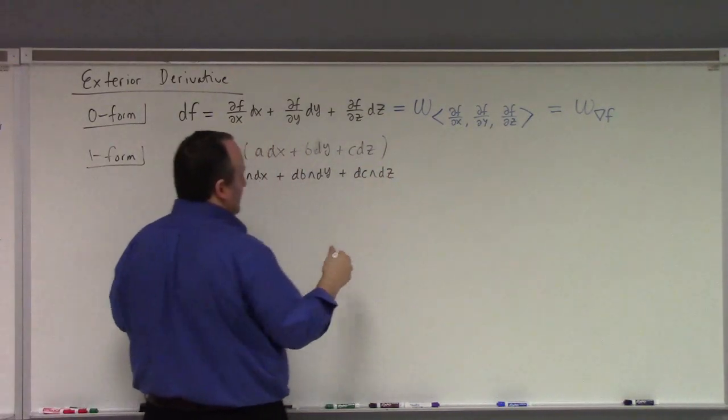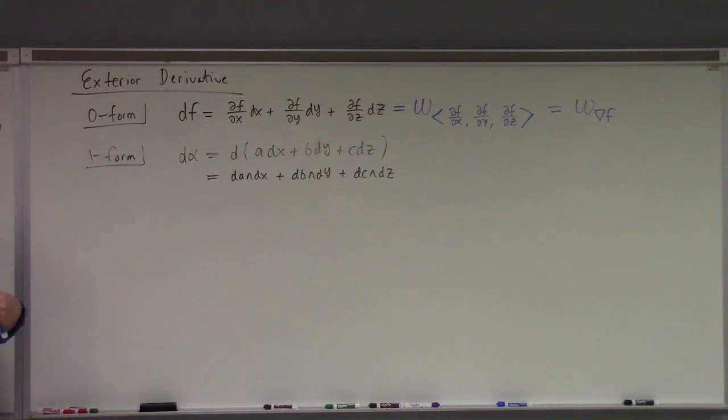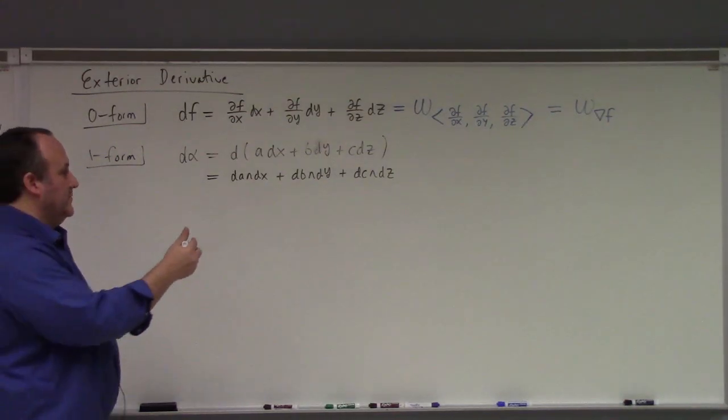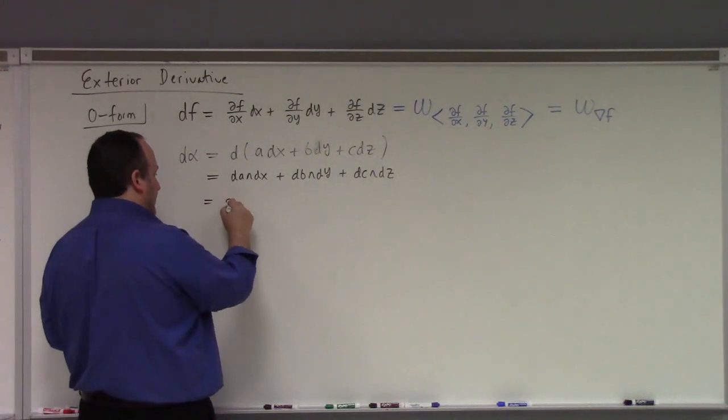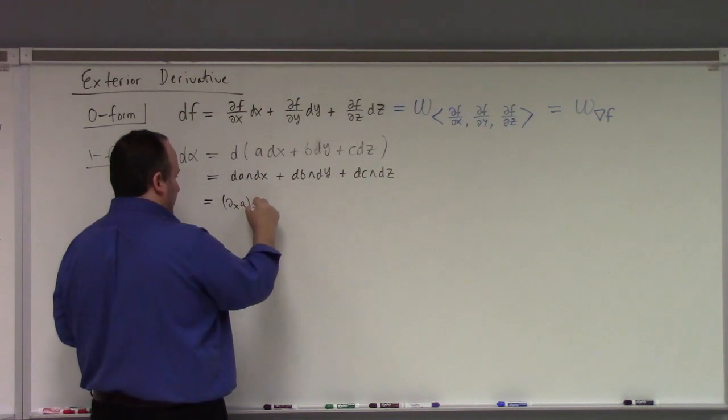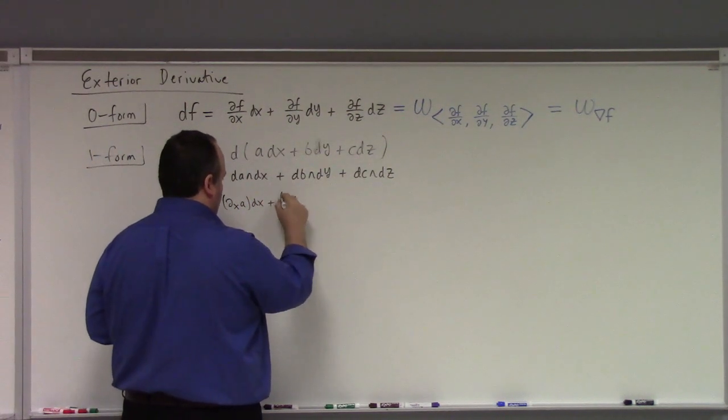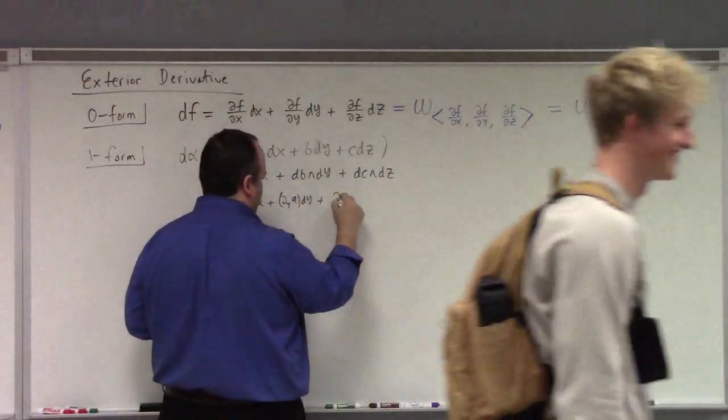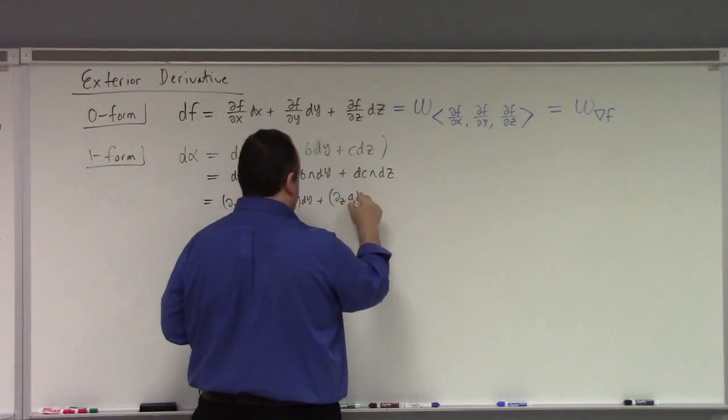In other words, the exterior derivative is simply defined on a form by saying you take the differential of the components of the form and wedge with the differentials that are already there. That's the definition of exterior derivative. It's the most natural thing in the world, actually. From a calculational perspective, you just do what you'd expect to do. Now, what is dA, dB, dC here? Well, those are differentials, right? So that's partial x A dx plus partial y A dy plus partial z A dz.